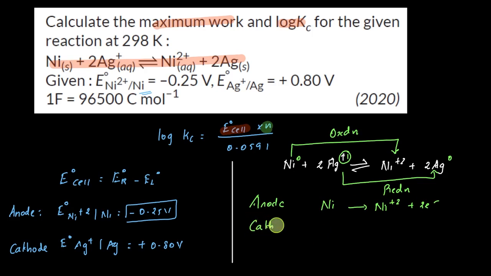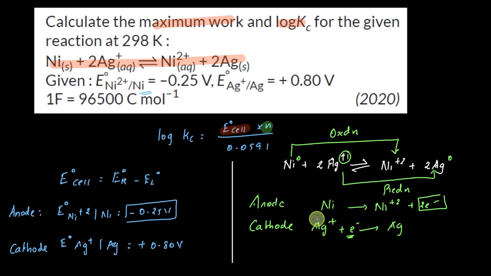So here nickel gets converted to nickel 2+ by loss of 2 electrons, whereas at the cathode, Ag+ is converted to Ag. For this conversion, it needs 1 electron. I have to ensure that the number of electrons lost and the number of electrons gained are equal. Here 2 electrons are lost by nickel to get nickel 2+, whereas this conversion requires just 1 electron.